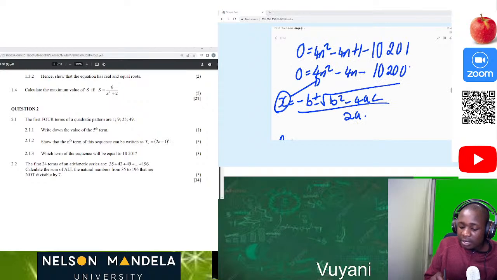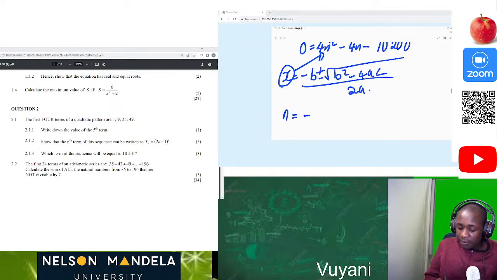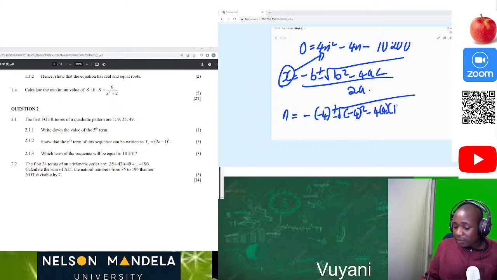We know that this is our value of a, this is b, and this is c. So it's going to be negative of negative 4 plus or minus the square root of (negative 4) squared minus 4ac, which is negative 10,200, divided by 2 times 4.